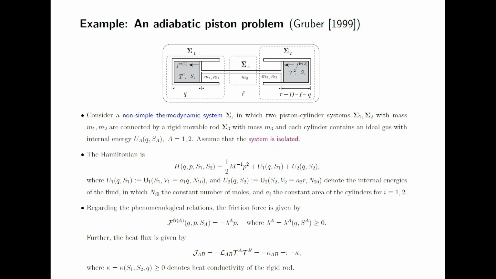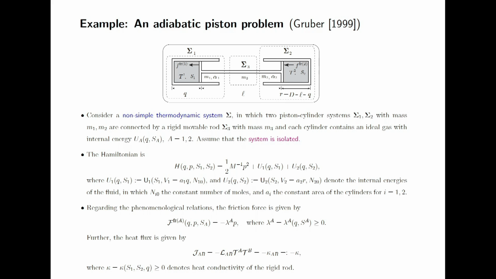Okay. Now this is a simple example of a non-simple system, but maybe it's simple to understand. It's a famous problem called the adiabatic piston problem. Gruber wrote an interesting paper in 1999.